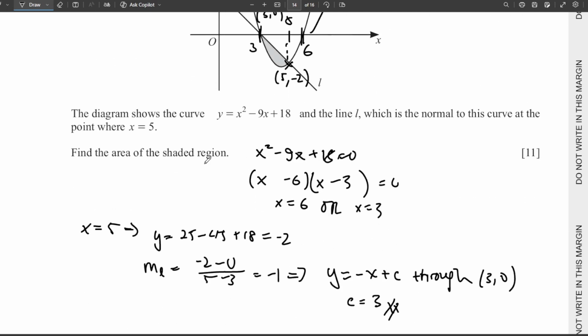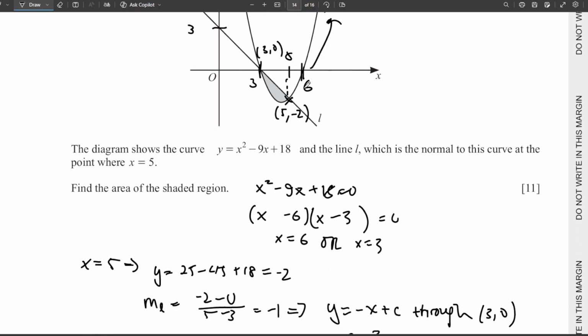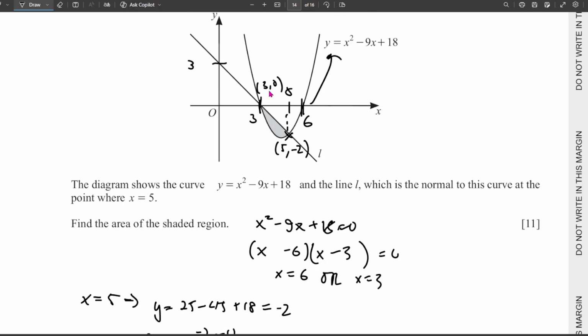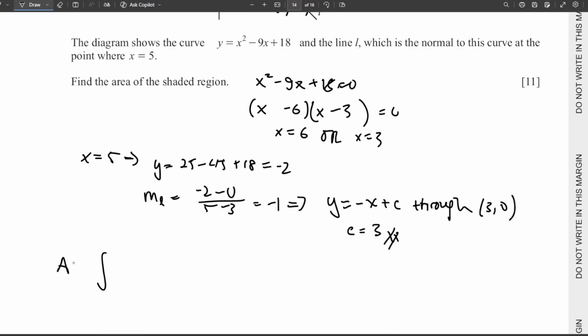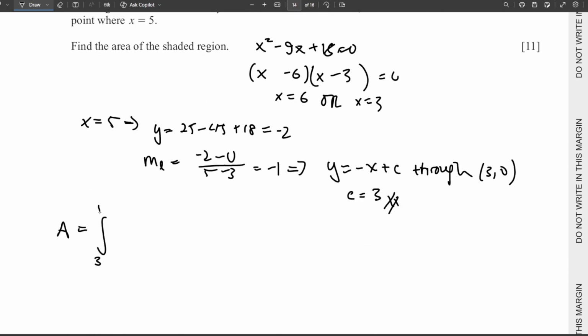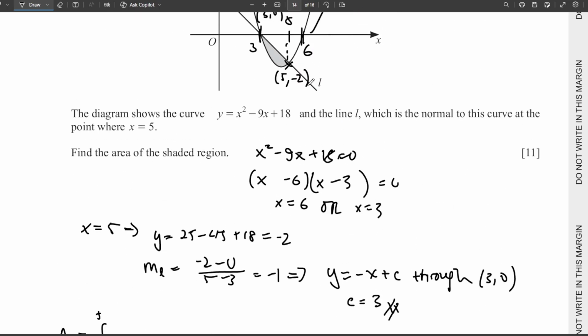Either way, you can take the quadratic minus the straight line or the straight line minus the quadratic, it doesn't matter, because what you're doing is just finding the difference of the areas when you integrate. So area will be the integral from 3 to 5. I think you've been taught always the top one minus the bottom one, right?